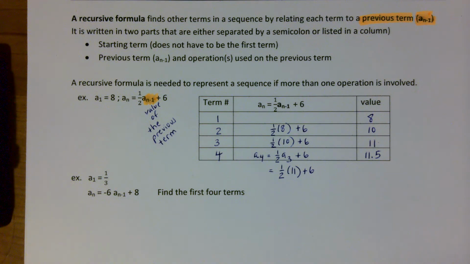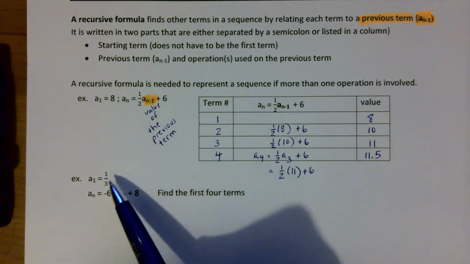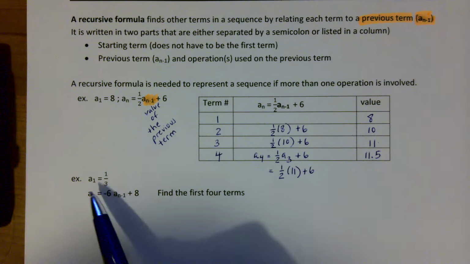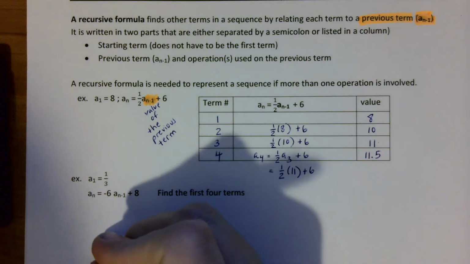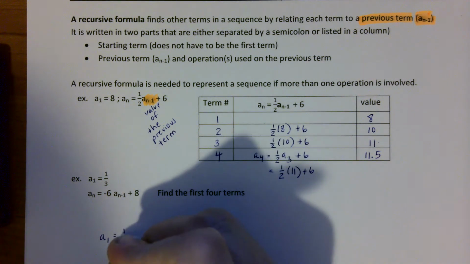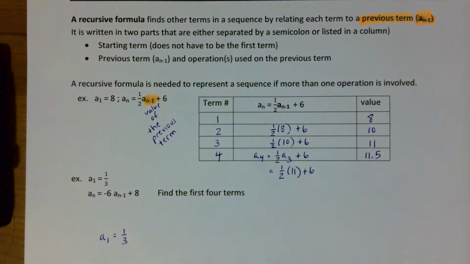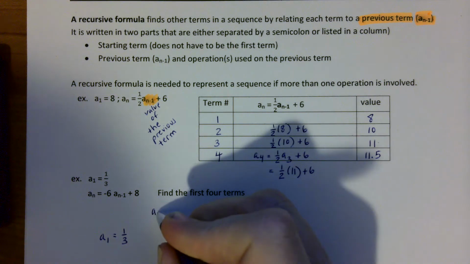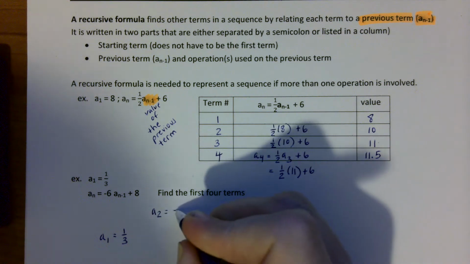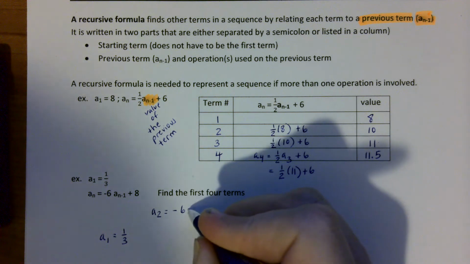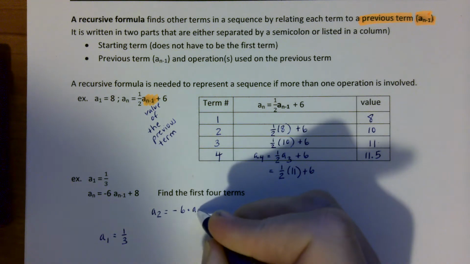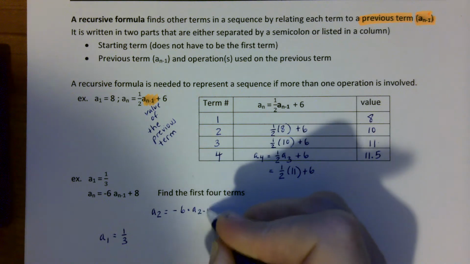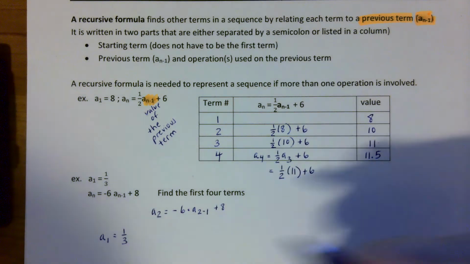Let's look at the next example. Here, the two parts are listed in a column. So we're told that the first term, a sub 1, is 1/3. Now to find the first four terms, I have my first term. My second term, a sub 2, is -6 times a sub 2 minus 1 plus 8.